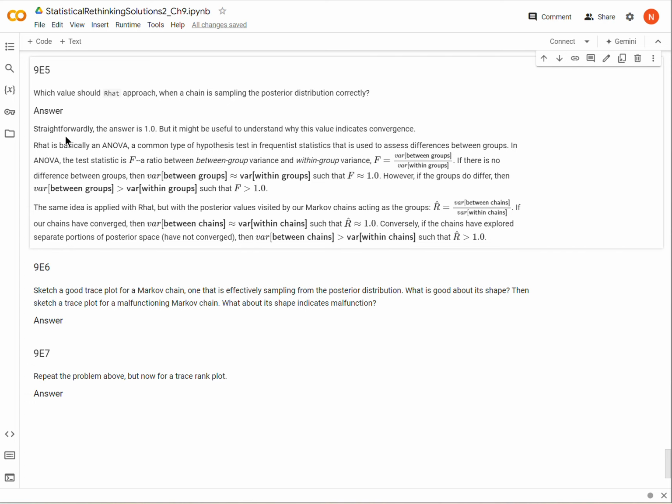If you're familiar with ANOVA, this will make a lot of sense. If you're not, you should still be able to follow along. ANOVA is a type of hypothesis test used in frequentist statistics, so not Bayesian. It's usually used to assess the differences between groups.